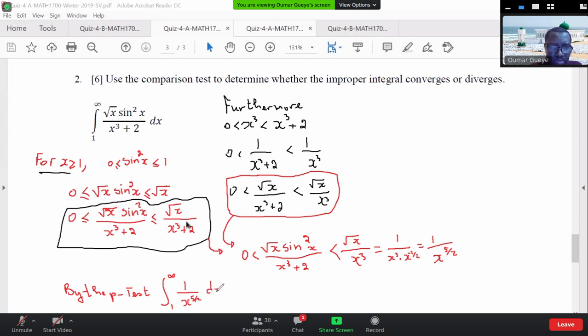That's exactly what the first p-test says. I just use the first p-test. Now, if this integral converges, so it means our integral also converges because my integrand is less than this function, which is already convergent.